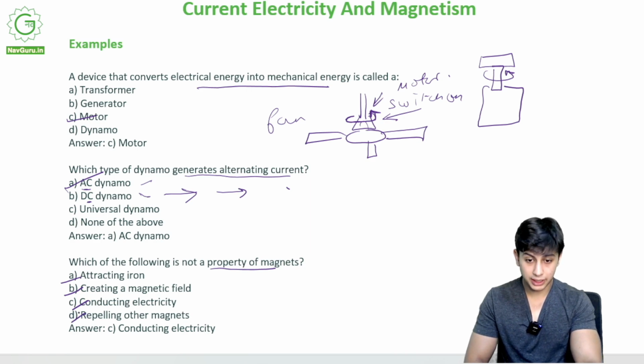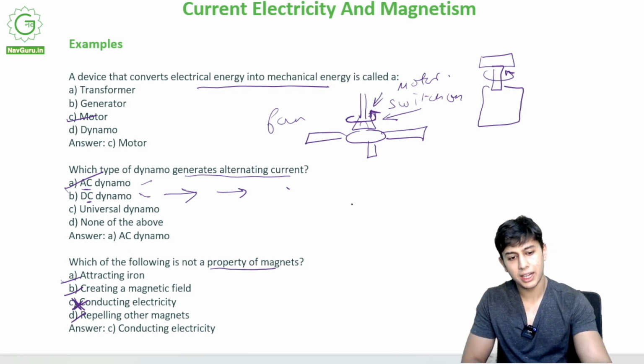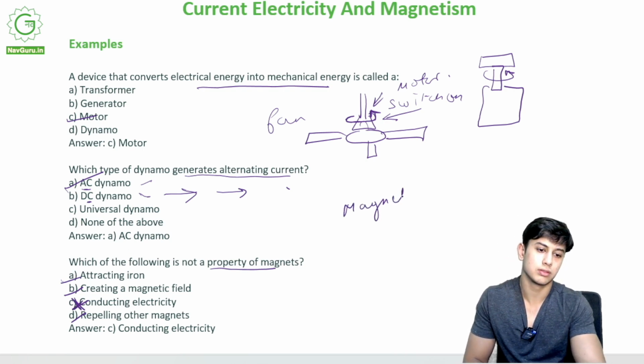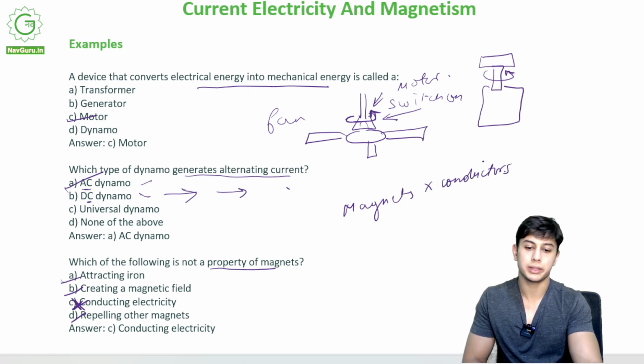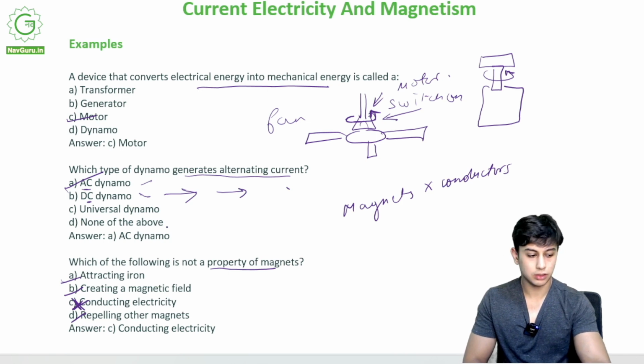As I said, repelling it can do, creating a magnetic field it can create, attracting iron, yes, conducting electricity, no, it can't conduct electricity. Magnets are not conductors, of course.